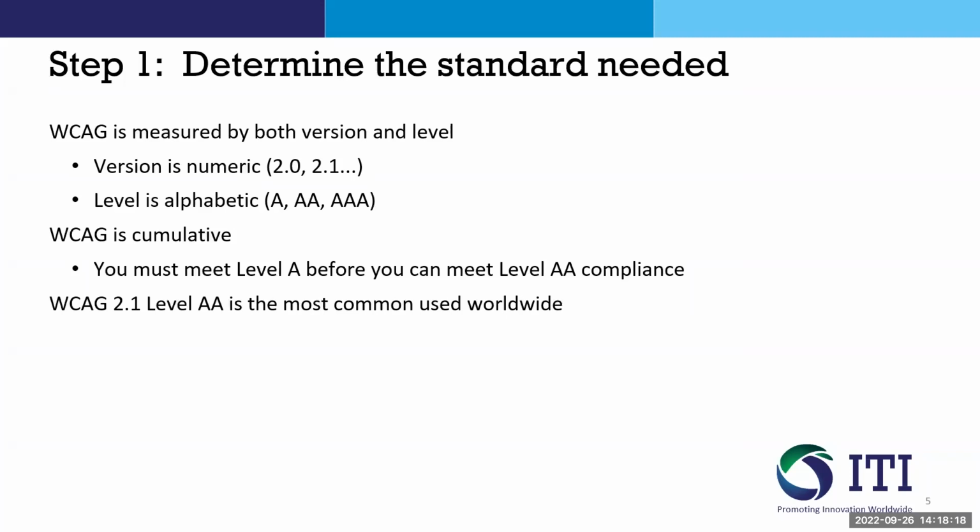For example, a AAA standard is a sign language interpreter, and that would be focused on a deaf or hard of hearing individual that knows ASL. So you see that's very specific, whereas an A might be keyboard support, which is very broad. A lot of different users would need keyboard only navigation.